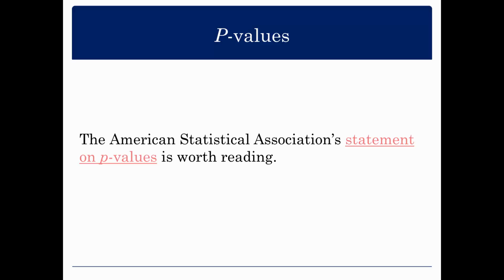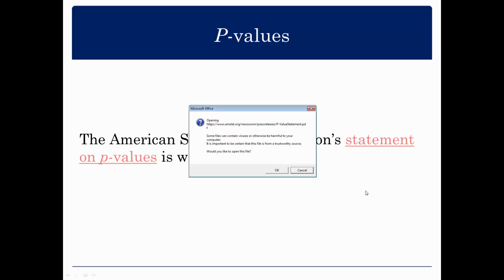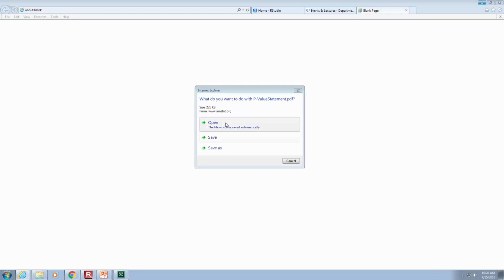I think that's a little bit of an extreme approach to a problem that we know exists, which is the problem of p-values. The American Statistical Association, which is the international organization for statisticians, has actually issued a statement on p-values that's worth reading. I've linked to it here in the PowerPoint, and I think it's worded so anyone can understand it.